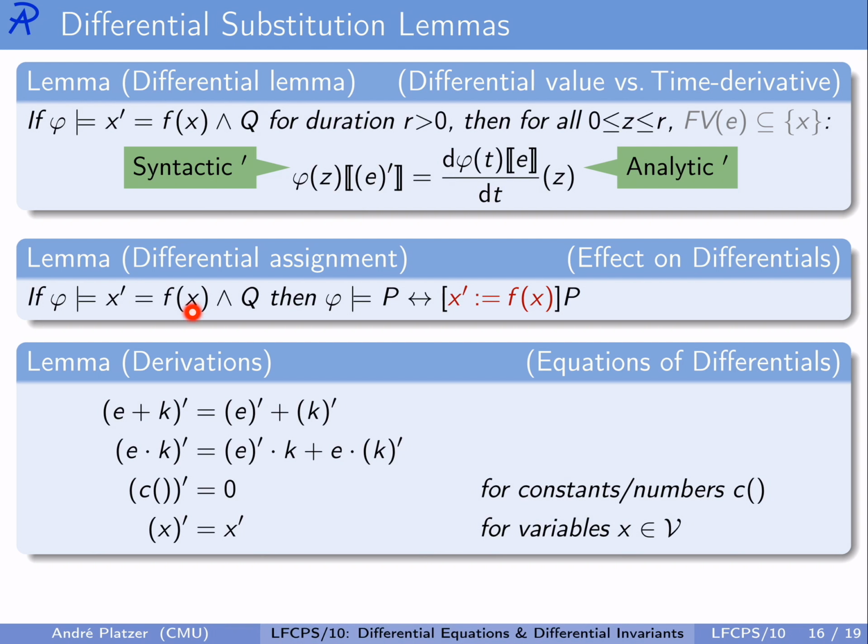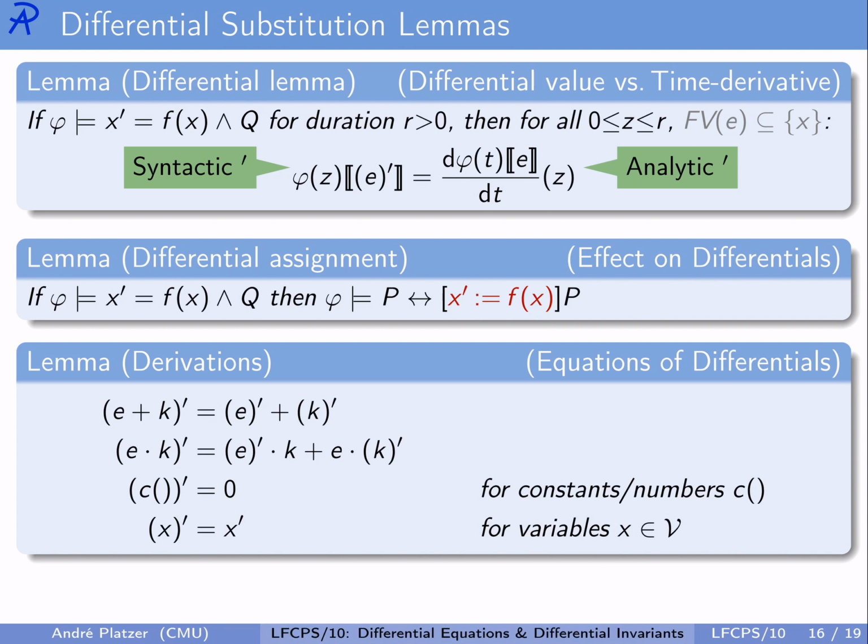The differential assignment lemma, we should also be proving. It's more obvious though, because x prime equals f of x was exactly one of the effects that the differential equations had, so it deserves a proof, but it's easier to see why the formula p is equivalent to the formula p being true after I assign f of x to x prime.